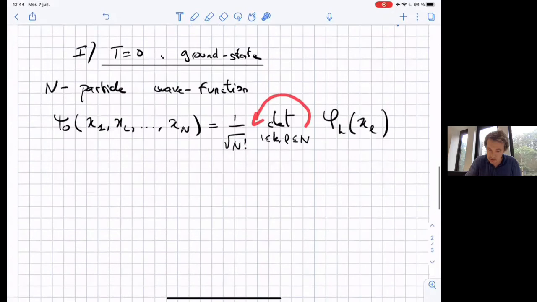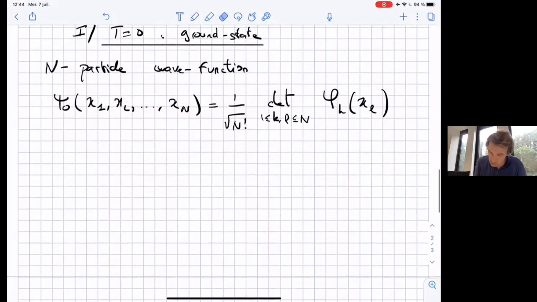So the first easy step is to realize that I can write it, up to a normalization constant that I don't want to write, as proportional to the Gaussian factors times the determinant.